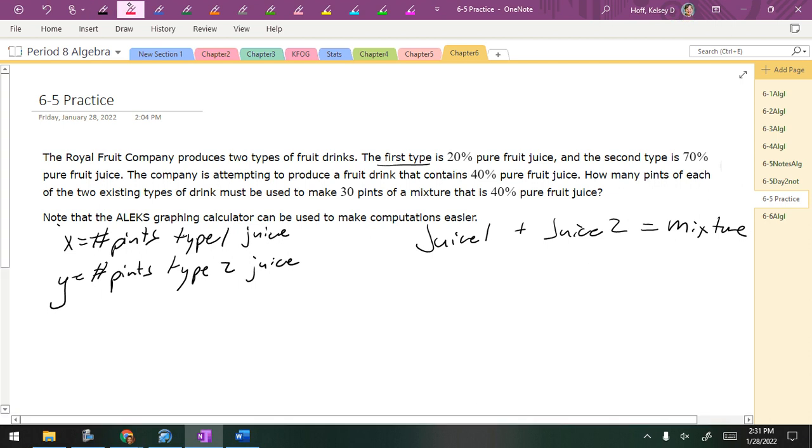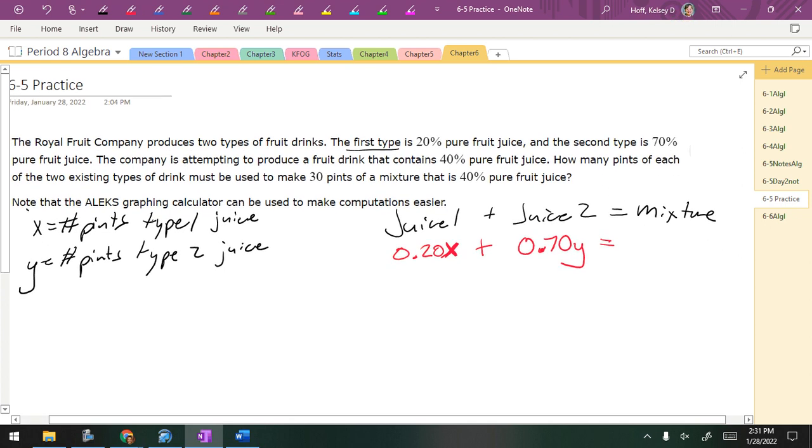20%. Should I use 20? No, I should use 0.2. Miss Hoff's crazy, she always does another 0. 0.2 X, 20% times the total amount of juice 1, plus 0.70 Y, 70% times juice 2, has to equal 40% of your 30 pints. 0.40 times 30.